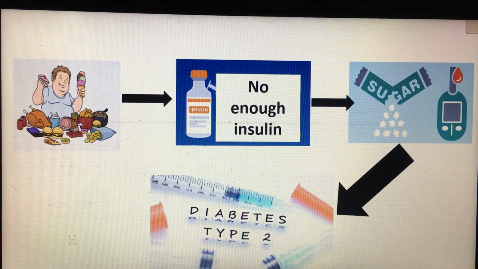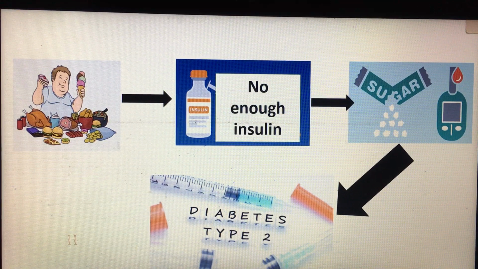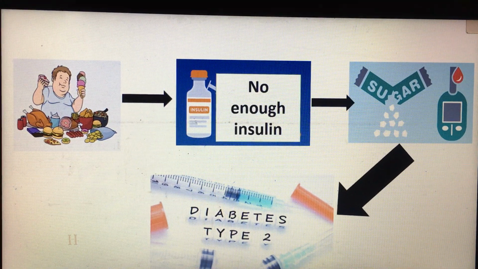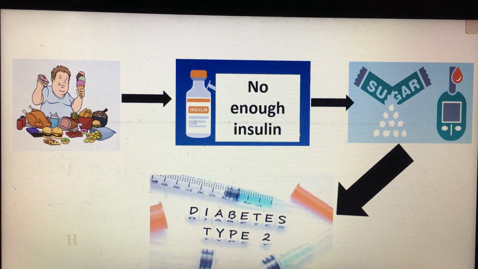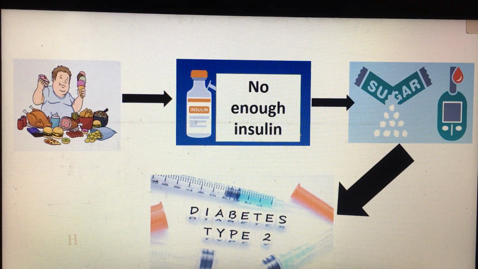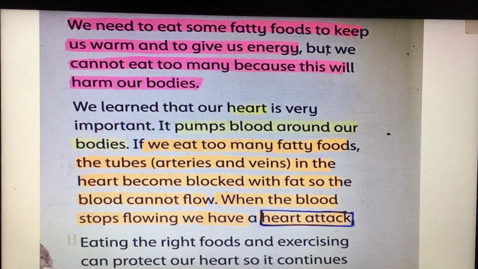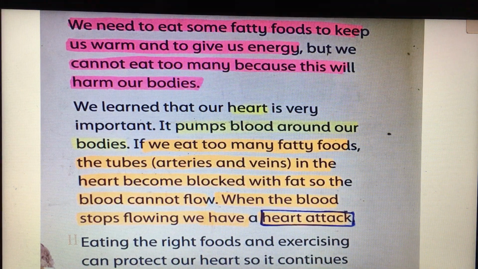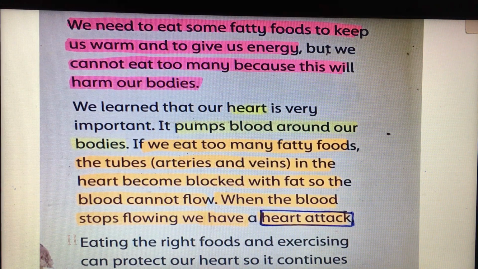So the amount of sugar in the blood increases, and the name of the illness here is type 2 diabetes. So the person can become ill. The conclusion: to protect our body from illnesses like heart attack and type 2 diabetes, we have to eat healthy foods. Now please open your book again, page 130, and highlight what we explained before.